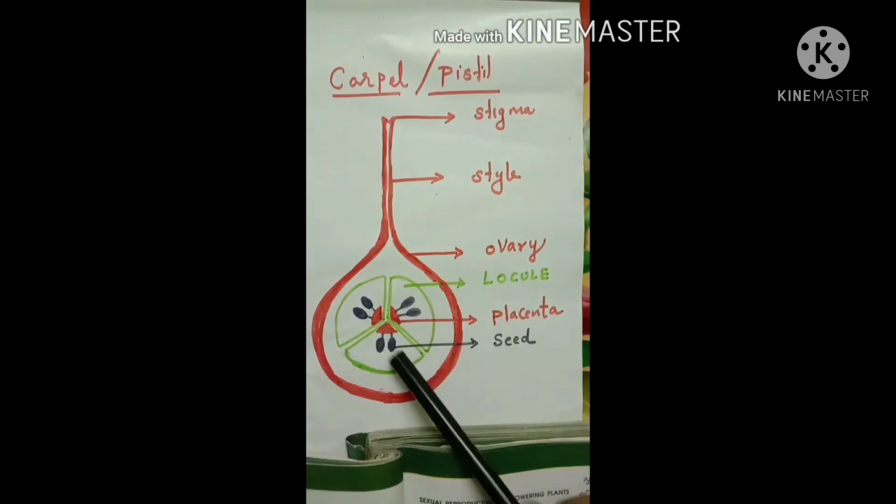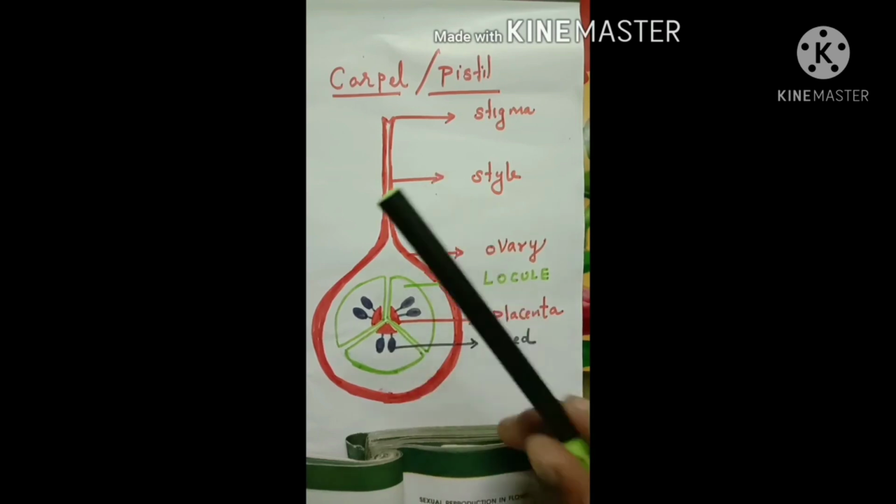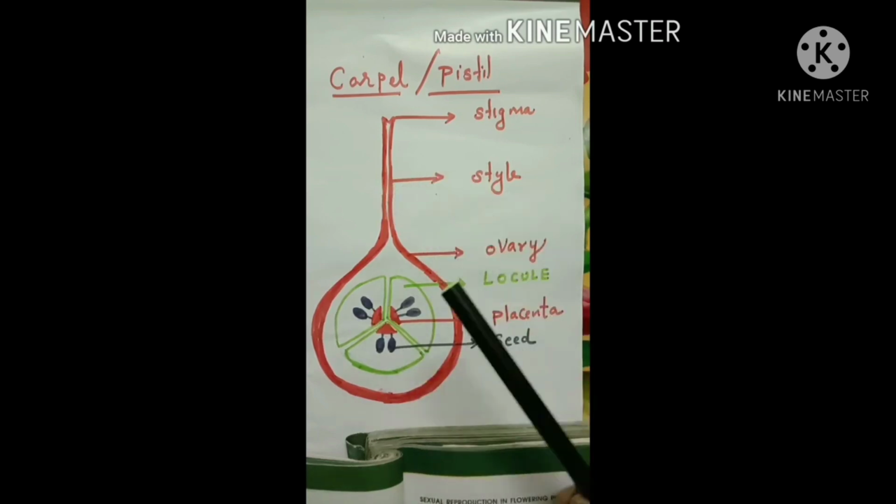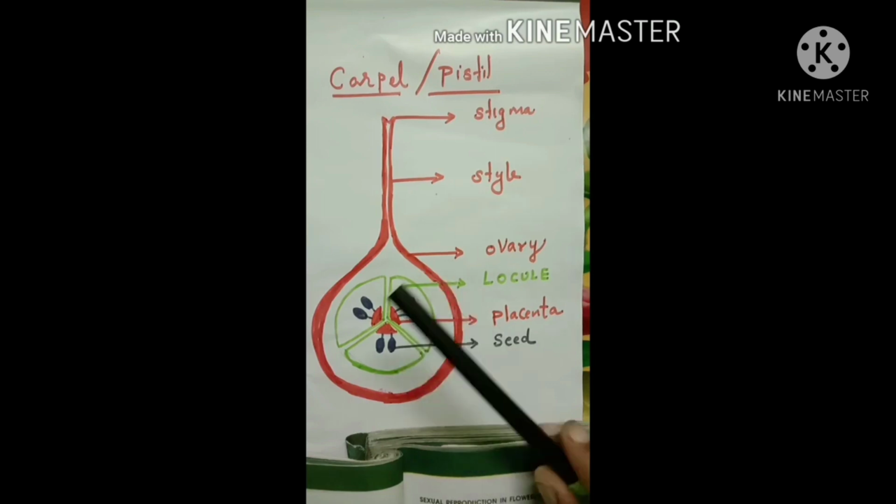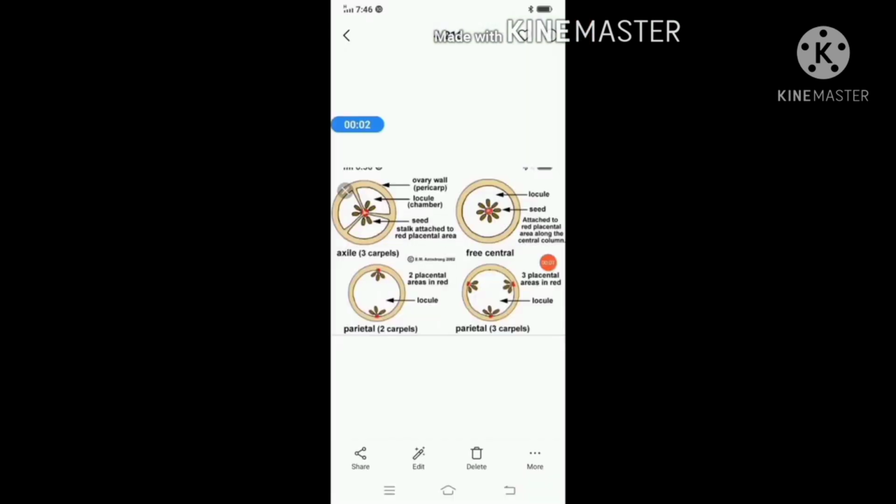Here you can see three locules, and the number of locules sometimes may be equal to the number of carpels. Sometimes the number may be less than the number of carpels. Here you can see various types of locules and various types of placentation.